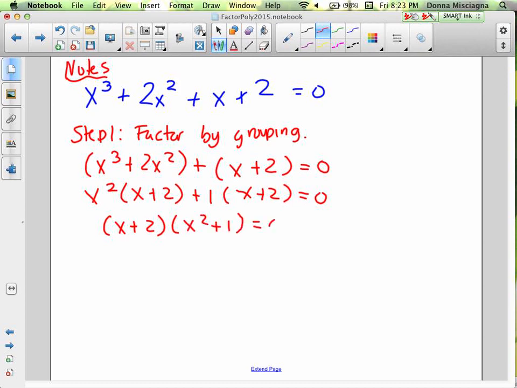Now, we're not done because we have a squared something. But we're not going to be factoring a difference of squares. That's not a difference of squares. That's a sum of squares. So if you have a sum of squares, your step 2 is going to be solved by square roots. I would prefer you not solve by square roots if it is a difference of squares. I just showed you how to factor a difference of squares.